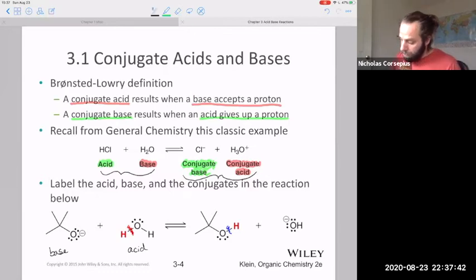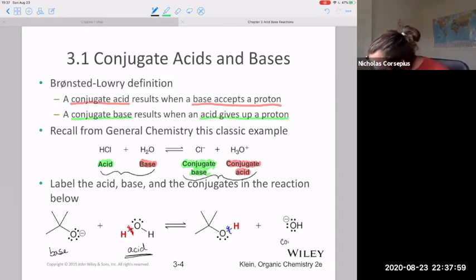Okay, so now we have to figure out what the conjugate acid and conjugate base are. Well, remember, the conjugate base is the result of my acid giving up a proton. So if here's my acid, then the conjugate base is what we get once that molecule has gotten rid of that proton. So that would be this guy. And likewise, my conjugate acid is the result of my base accepting that proton.